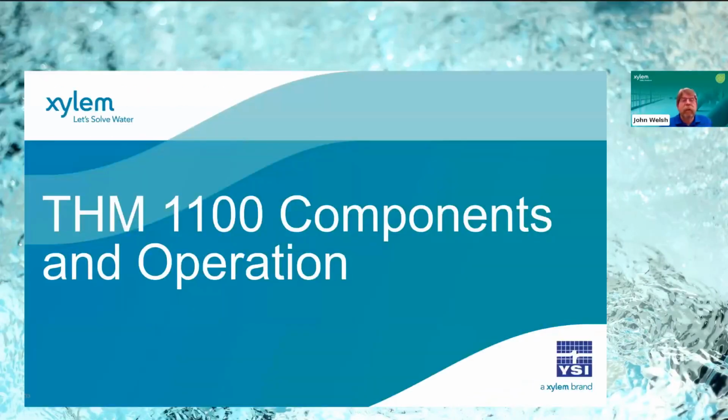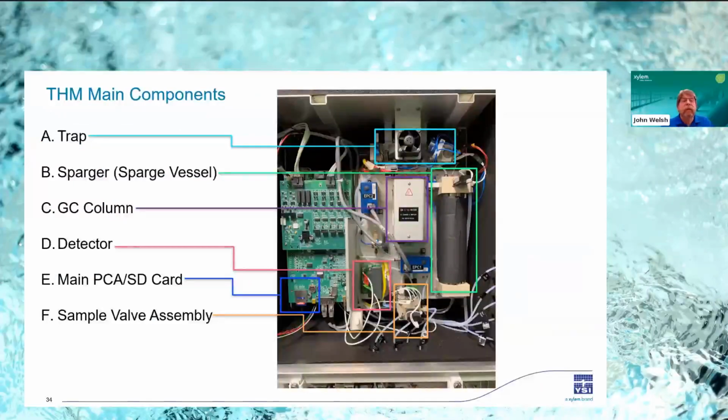And now let's just talk about the THM 1100 components and its operation. The THM 1100 operates very similarly to the methods that are used for EPA compliance for these compounds. I'll start down at the bottom. This valve assembly at the bottom is what handles the sample coming either from the process or from a grab sample reservoir, which is used to calibrate the instrument.